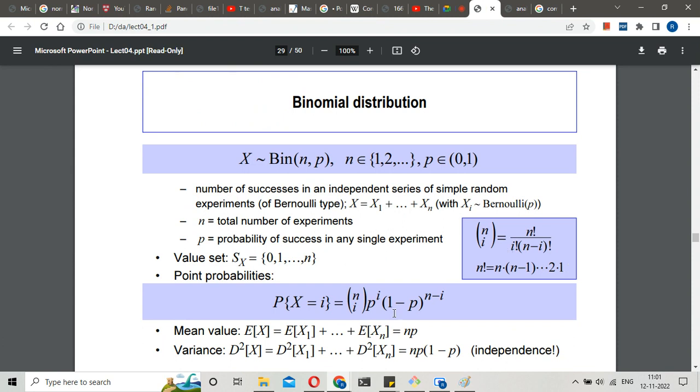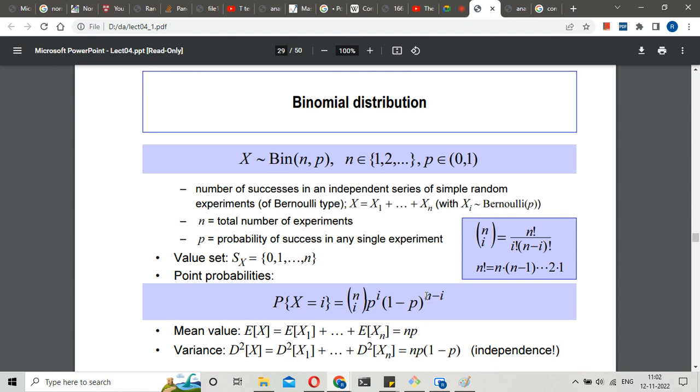So this is how you will calculate. Say you are doing n equals 5, tossing your coin 5 times. I am asking, what is the probability that 3 times you will get head? Then you will write the probability of getting head in one event as p, and getting tails in one event as 1 minus p.